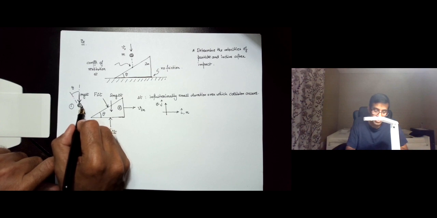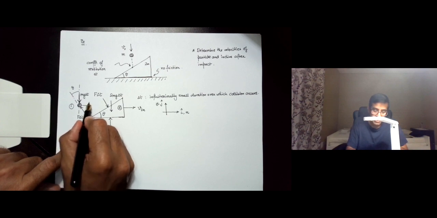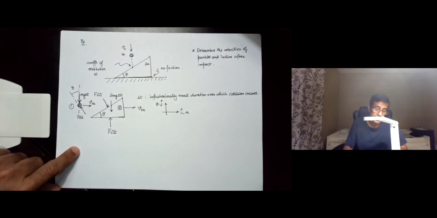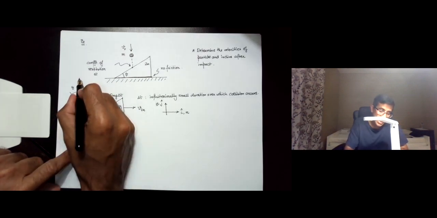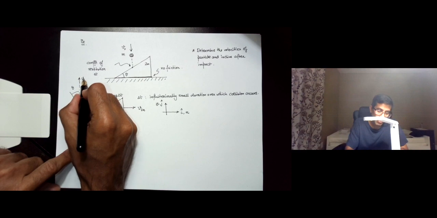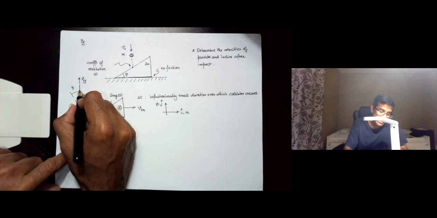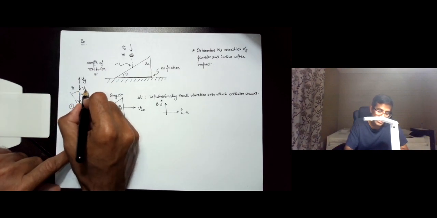So we are going to say that there is a v1x, a velocity in the x direction generated after impact, and a velocity v1y also generated after impact, understanding that before the impact there is a v0.